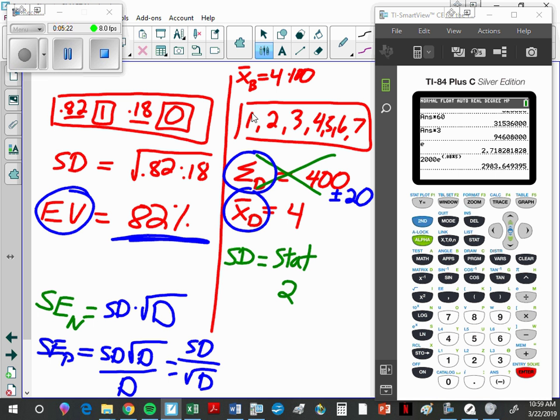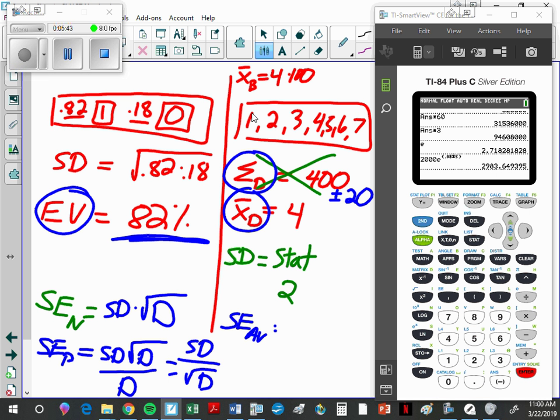Now, there's another SE that I'm missing. What's it called? SE for average. And the SE for average ends up being exactly the same thing as the SE for percentage.